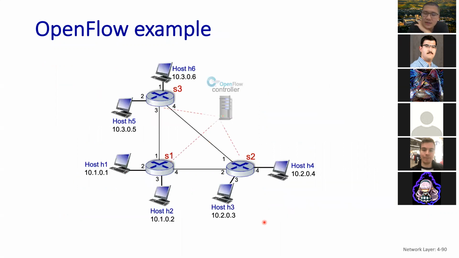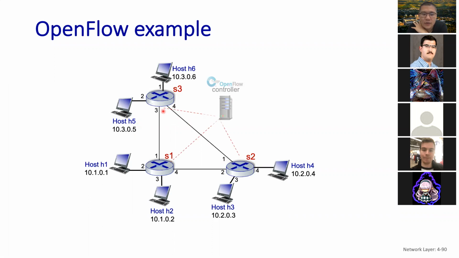Okay, let's continue to see an example. Suppose you have the OpenFlow controller, some centralized control here. As I mentioned before, if you want the network to be smarter or more efficient, you can have a better design for the network flow, for the forwarding, for the routing.